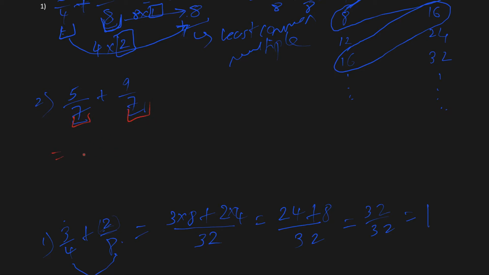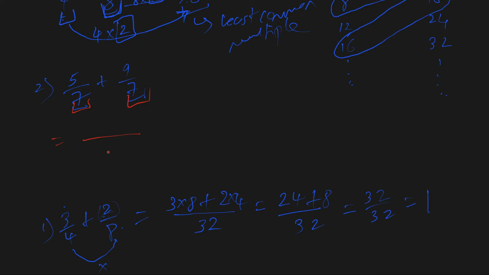In this case, we don't have to do anything as we did in the previous example. If the denominator is the same, we'll just use the denominator as is, and we will just add the numerators as is. So nothing else is required.